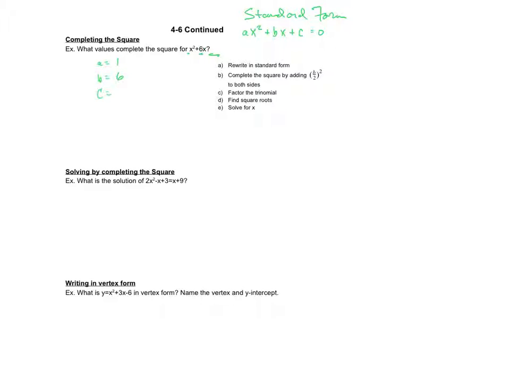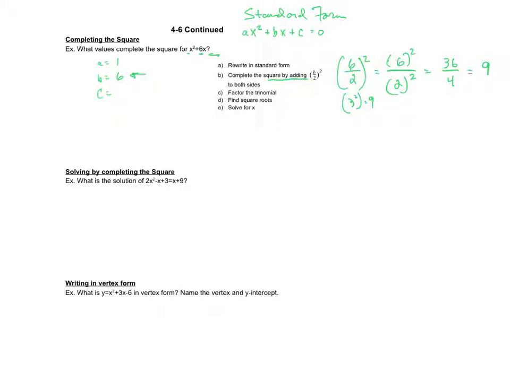Well, it's in standard form now, and we're going to complete the square by adding b divided by 2 squared. And by completing that square, we are going to take half of b, which we said b over here was 6, so 6 divided by 2 is 3 squared here, which is equal to 9.